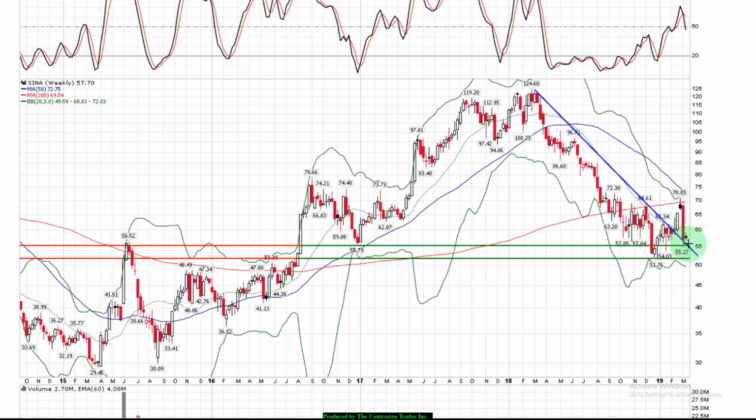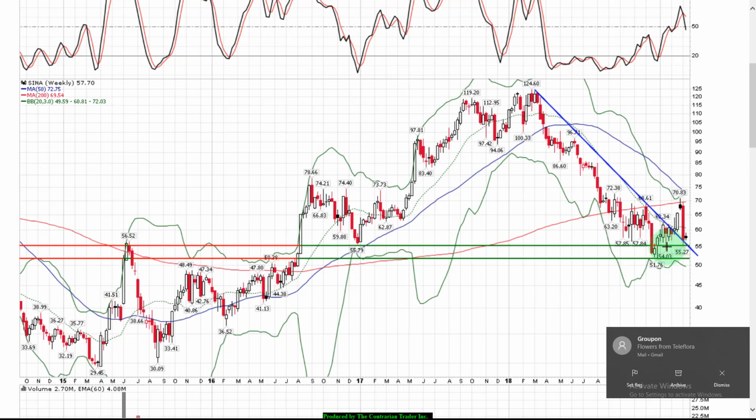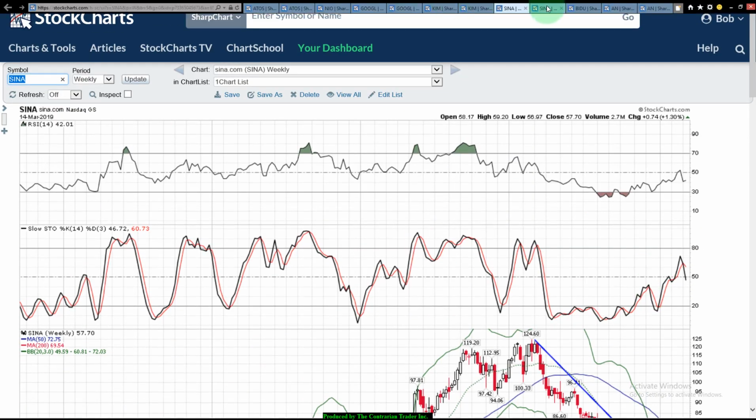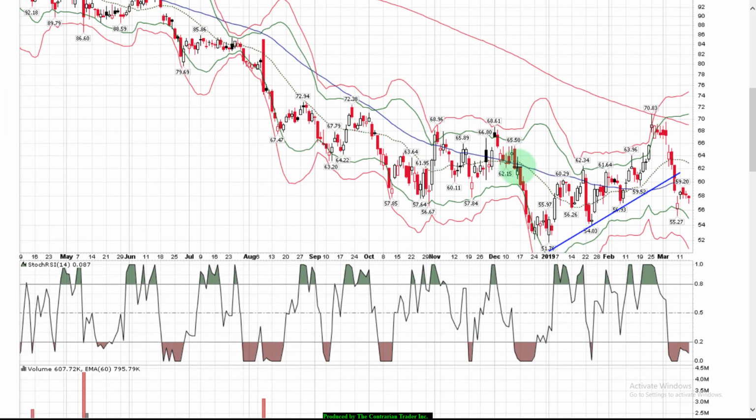Would it hold and set the stage for a higher low from the prior low at 51.76, and then a resumption of a move higher? Or, more nefarious, do we break support and begin to take out prior lows? That sets the stage for a continuation breakdown and the probability of a break below the December lows, setting the stage for SINA becoming a short.